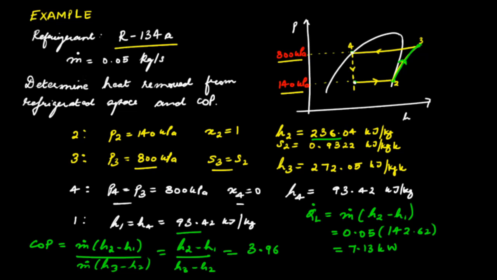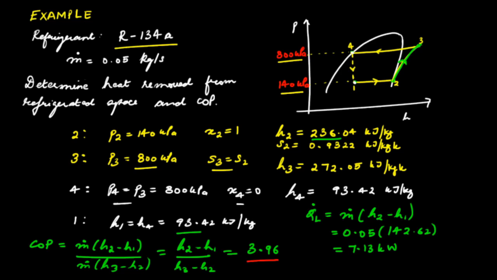3.96. Finally, let's just compare this COP that we have obtained for the vapor compression refrigeration cycle with a Carnot cycle refrigerator that operates between the same low temperature and high temperature.